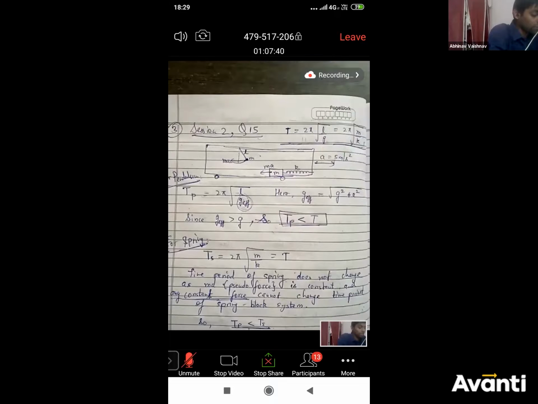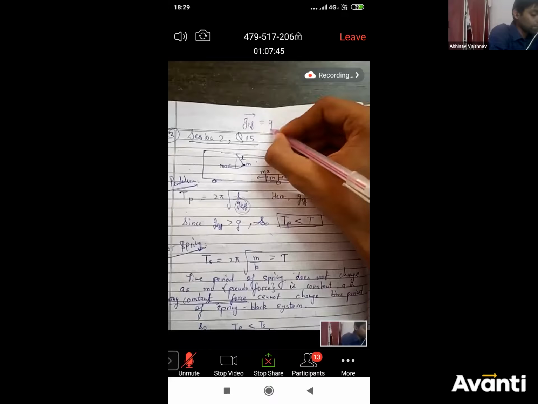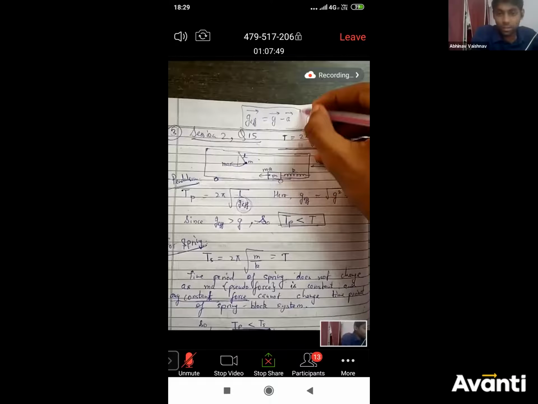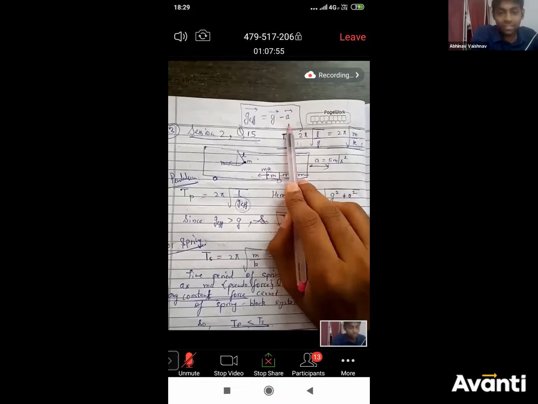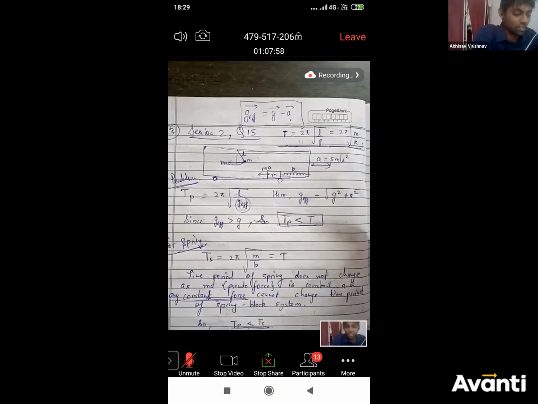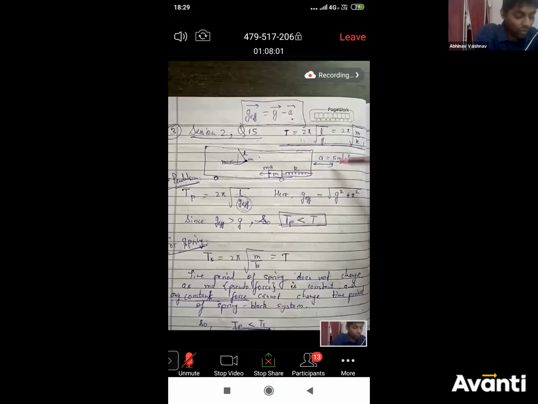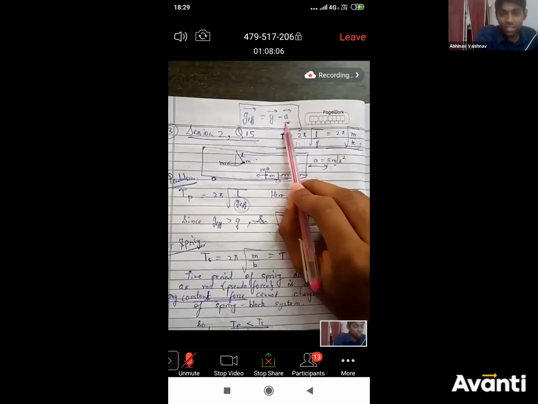What is G effective? It is the G vector minus A vector. This is the G effective. G vector is the acceleration due to gravity vector, and A is the acceleration vector of the system, whatever system or train we have here. So it is the train's acceleration. All right. So now in this case, G effective will be G vector minus A vector.